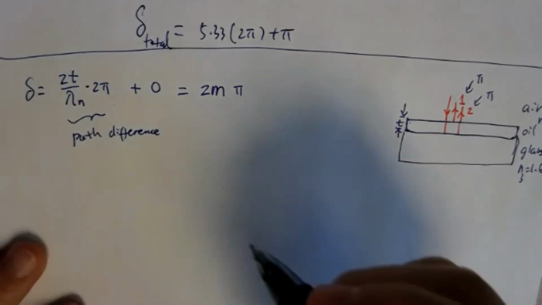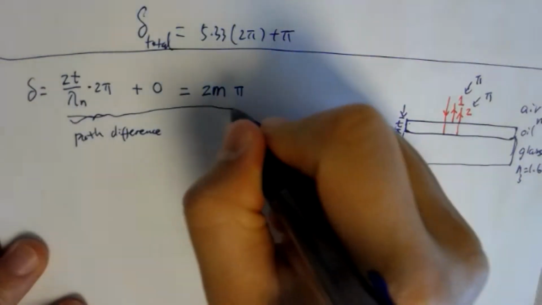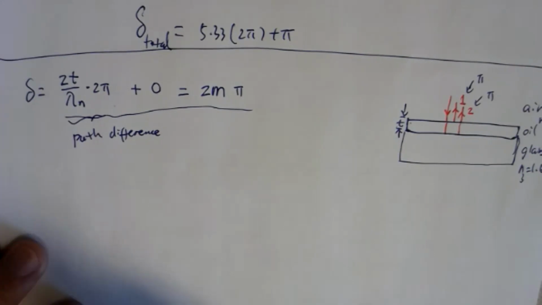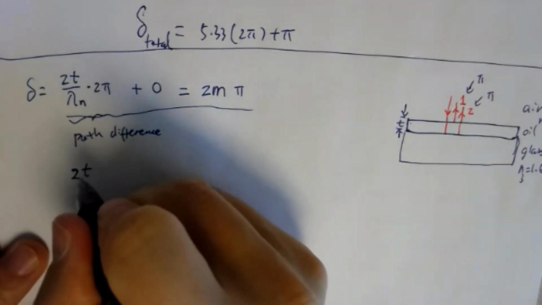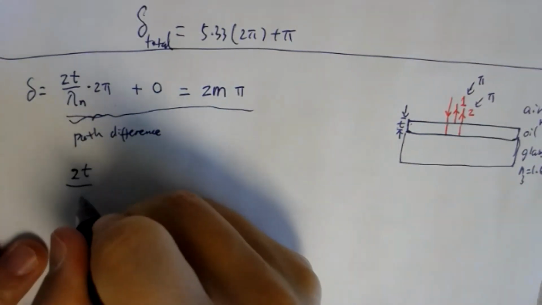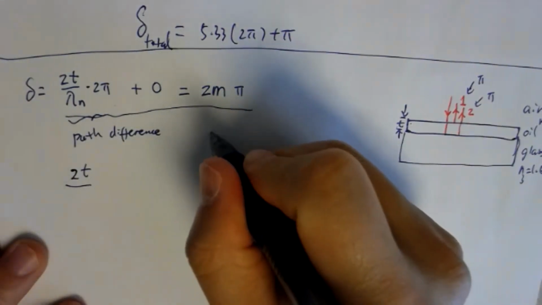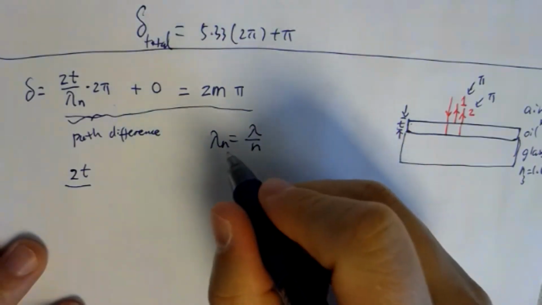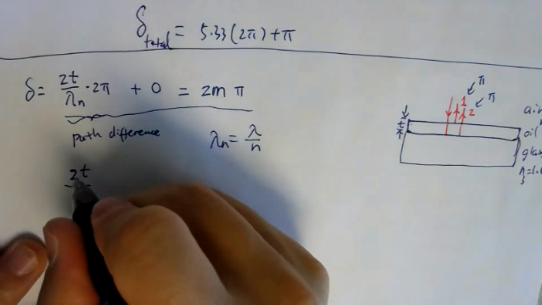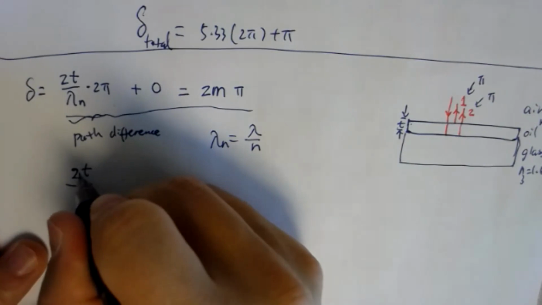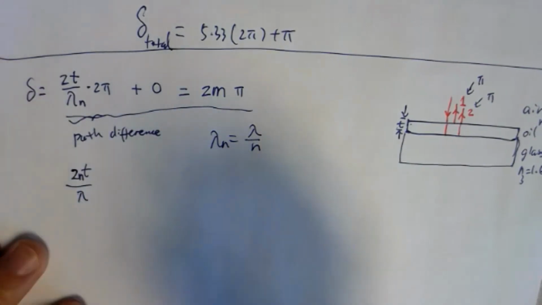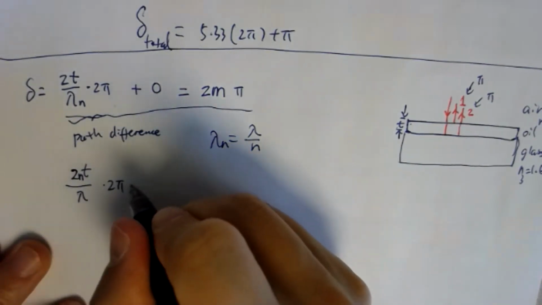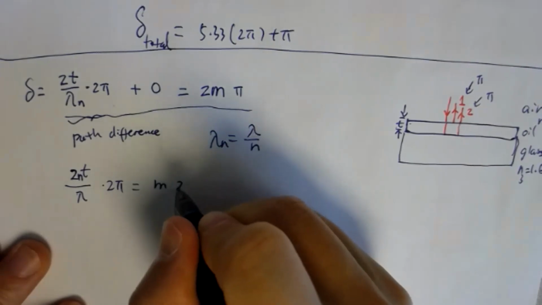So this will be the equation you're working with: 2t divided by lambda sub n. Lambda sub n is equal to lambda over n, so we can do the substitution. On the top here, you would have 2nt over lambda, times 2 pi, equals m times 2 pi.